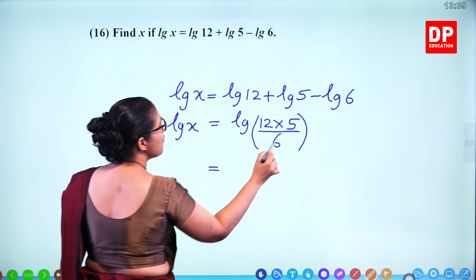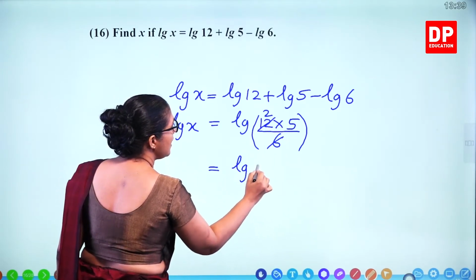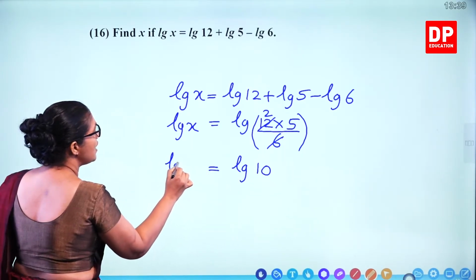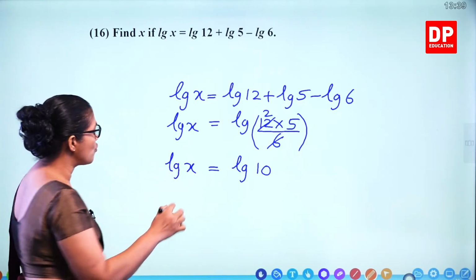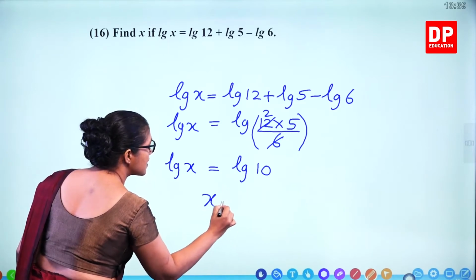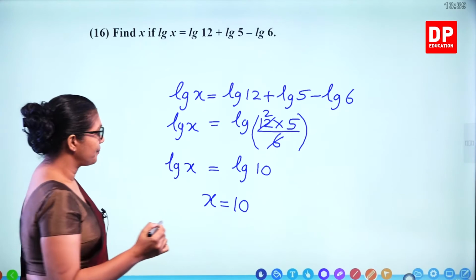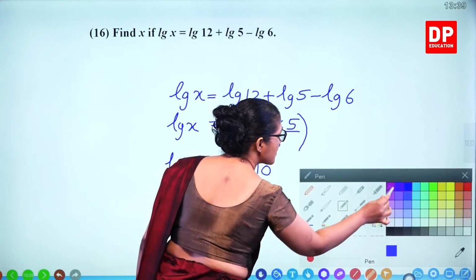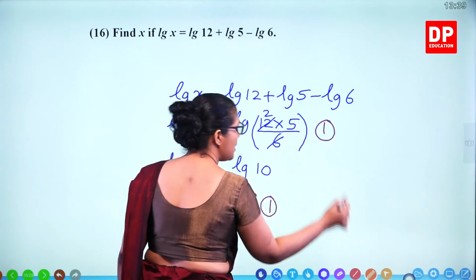Now simplify. 6 times 2, 2 times 5, 10. lg 10 is equal to lg x. Both sides have logarithms, so you can compare these two numbers. So what's x? X should be equal to 10. So 2 marks. 1 mark for the answer and 1 mark for the method.